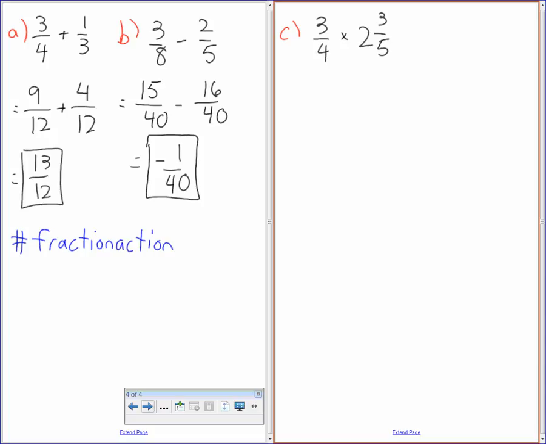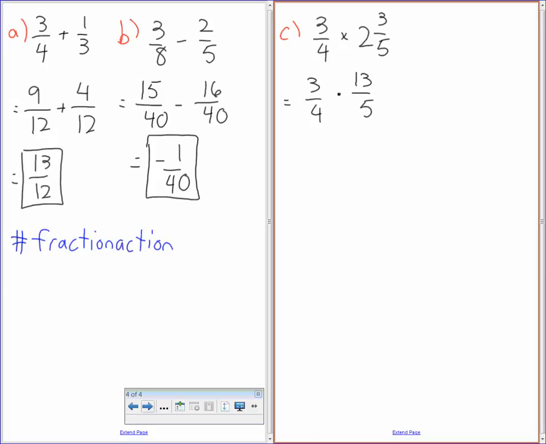You have to multiply the 2 by the 5 and then add 3. Yeah, it's 5, not 6. So it's 3/4 times 13 over 5. It's 2 times 5 is 10, and then plus 3. 2 over 1 is the same as 10 over 5, right?